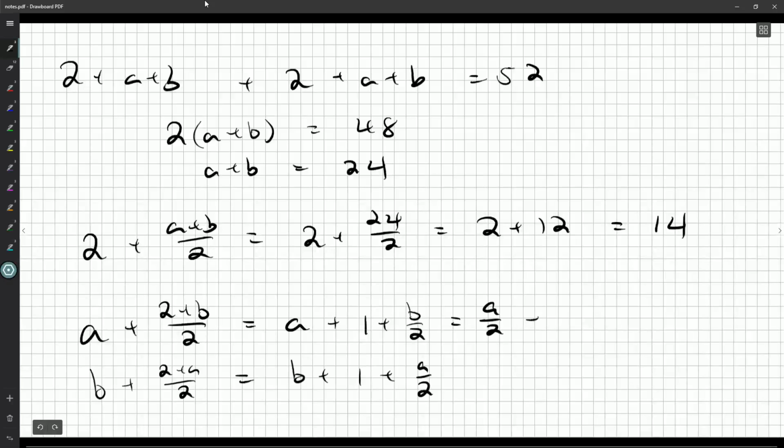So this is A over 2 plus A over 2. I'm just splitting up this A into A over 2 plus A over 2, because now I can put this A plus B all over 2. So this is A over 2 plus 1 plus 12. And down here, this is similarly going to be B over 2 plus 1 plus 12.